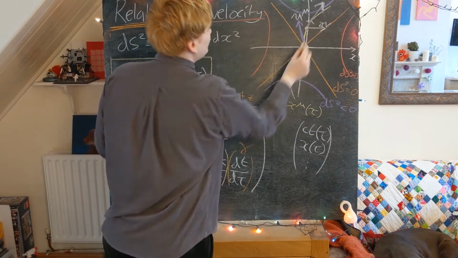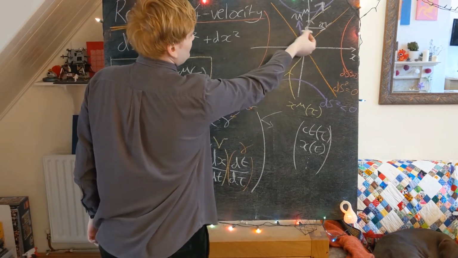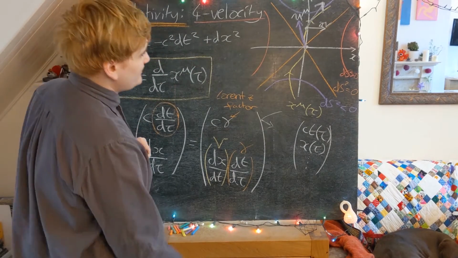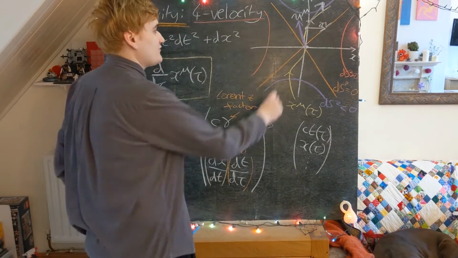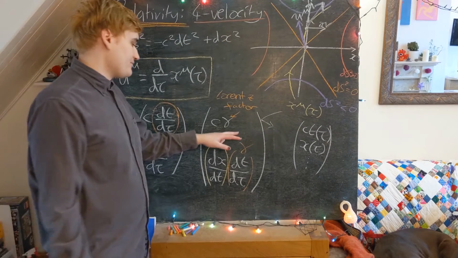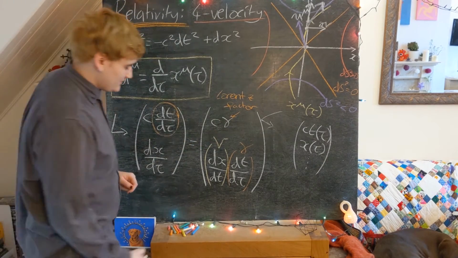We can only move in that direction or the opposite direction, and so our coordinate velocity is just a vector that points plus or minus in x. That's the space component of the four-velocity, and then there's also some time component depending on what this Lorentz factor is.